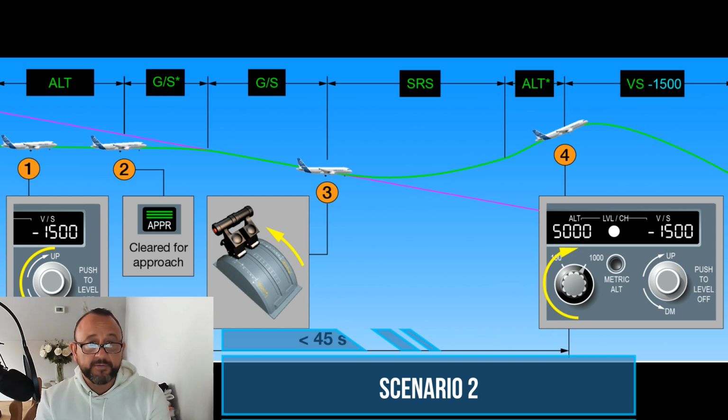A go-around is performed in stage 3. 4, if a mode reversion happens less than 45 seconds after VS pre-selection, the pre-selected negative VS value is used. So just as in the previous example. All aircraft are concerned with this scenario except the 220 and the 350.